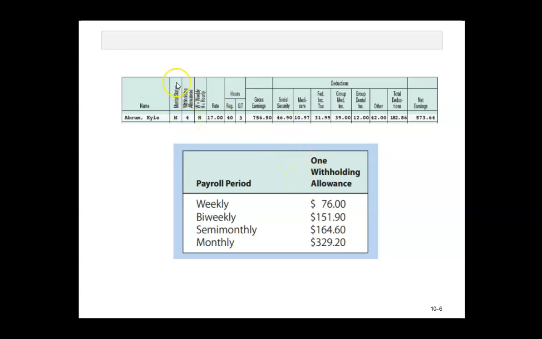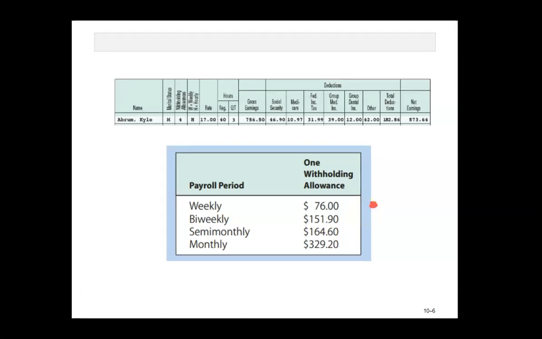Assuming that he's paid weekly, what I need to do is multiply the $76 for a weekly pay period by 4. That's going to give me a total withholding allowance amount of $304.